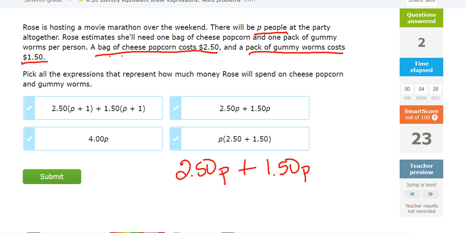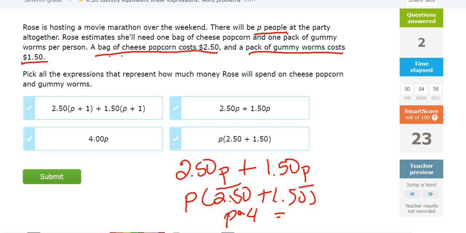So ultimately the first expression is representing it here, but then you can also say, because of the distributive property, I see both of these expressions are multiplied by P. So I can pull a P out and leave 2.50 plus 1.50 inside the parentheses. But then I can go one step further, and since 2.50 plus 1.50 is 4, that's P times 4, which is really 4P.